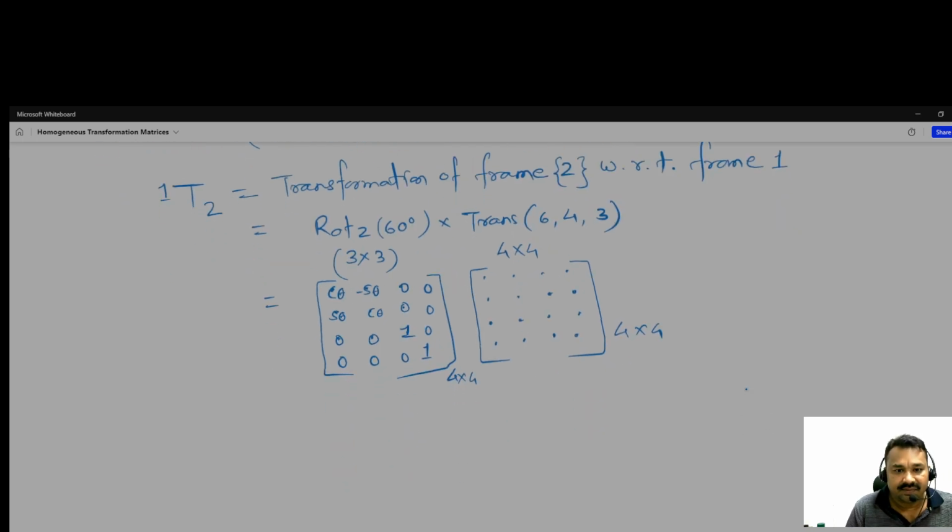So what we did here, we added this matrix, means a column and this row, and it doesn't affect the result. Okay, it facilitates multiplication. So that's why now we will be able to multiply the matrices.